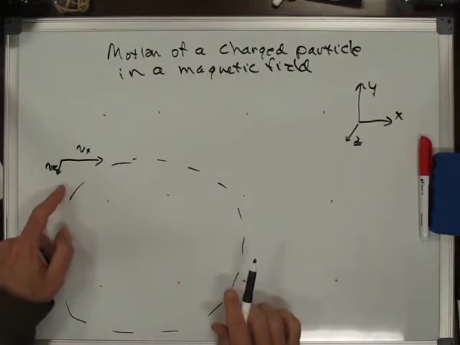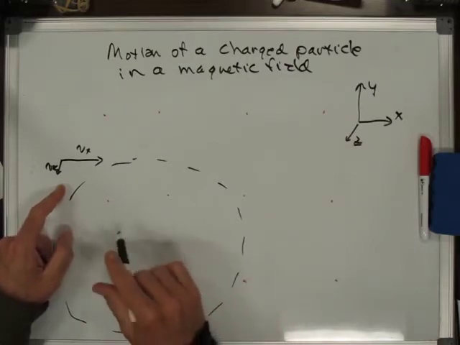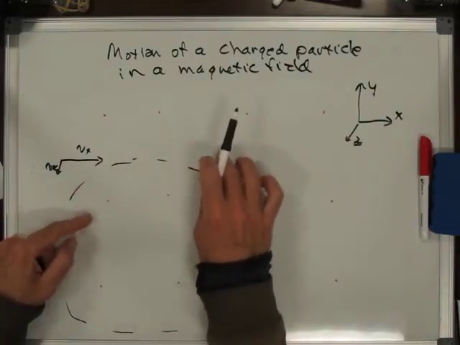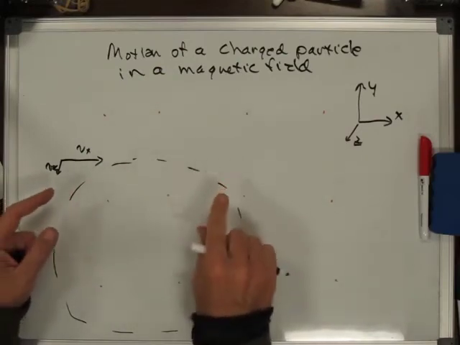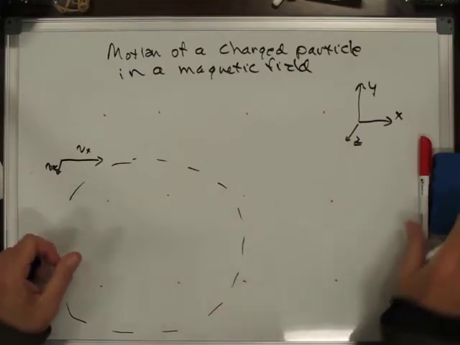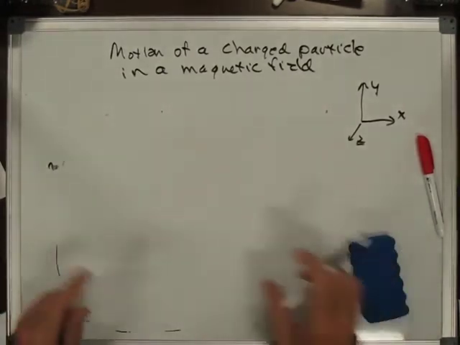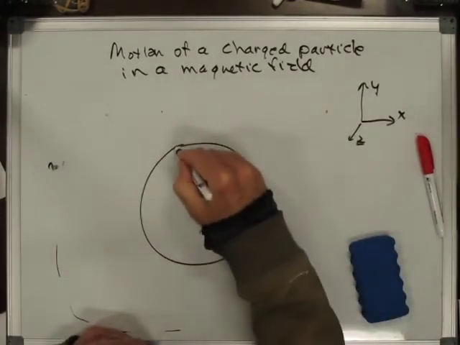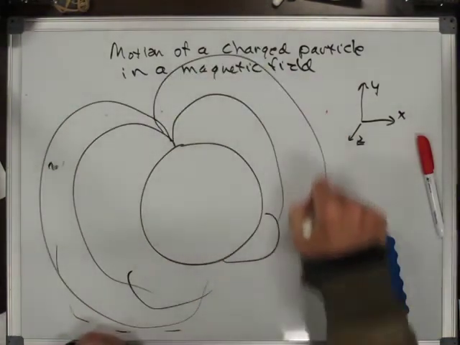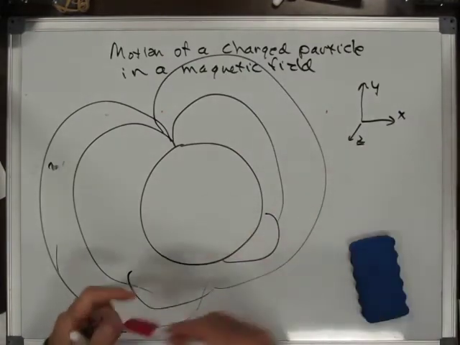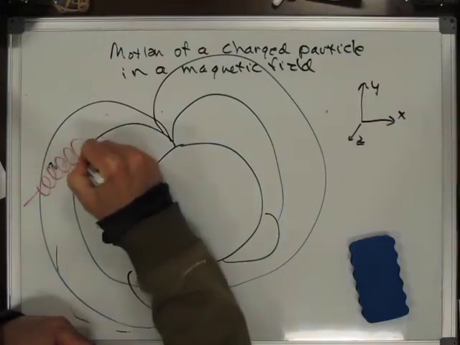And so it'll start out and it'll just do this, spiraling along with its z component. This is what happens when charged particles enter the Earth's magnetic field or any planet's magnetic field. The part of the velocity that's perpendicular to the magnetic field they're going into causes it to go in a circle. The part that's parallel is unaffected. And so if you have an Earth, right, here's my Earth, and these are my magnetic field lines, something like this, then a charged particle will do this, something like that.